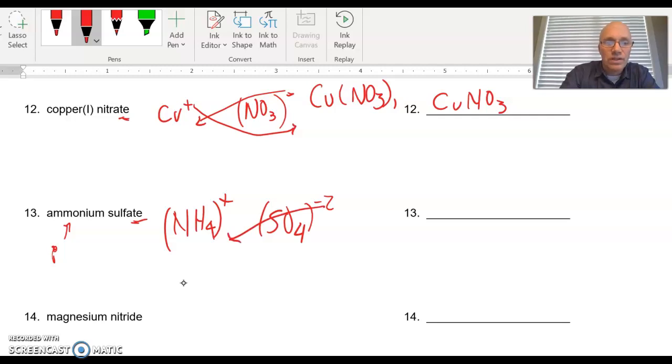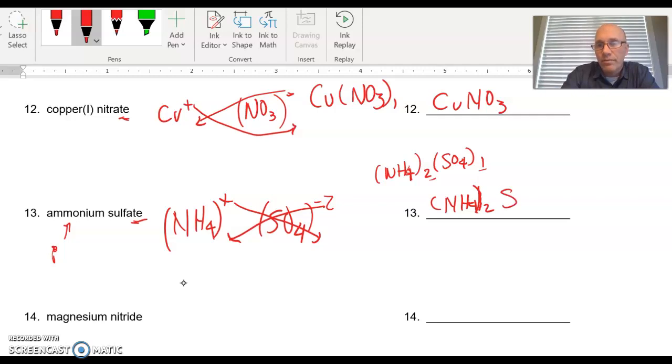We're going to crisscross these, and what we initially get is (NH4)2(SO4)1. Check out your ratios, which are 2 to 1. That's a fully simplified ratio, but we know that we can take out the 1 in the parentheses. But you need the parentheses around the NH4 because there are 2 of them.